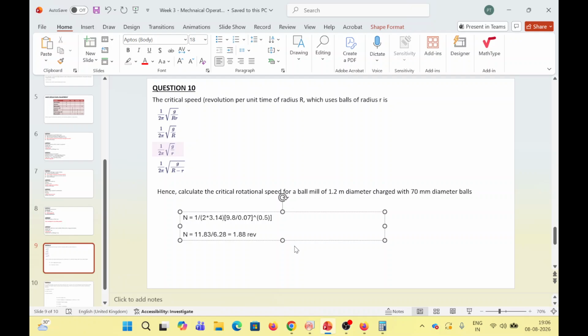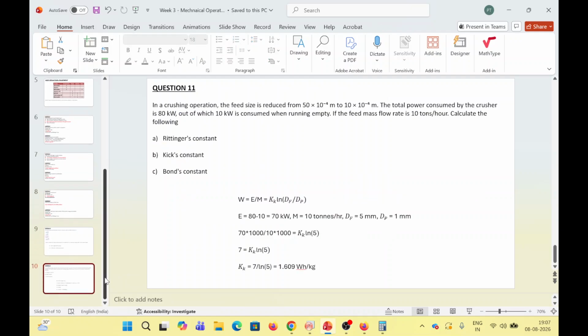Because omega value is 2 pi n, we need to calculate n, which is nothing but omega by 2 pi, where the value of omega is root over g by r. So this is going to be revolutions per second. That's all. So this is how you will calculate the critical rotational speed in terms of revolutions per second if a mill is charged with balls of this diameter. So I hope you will be able to solve question 11.